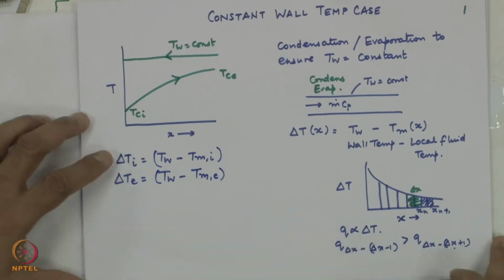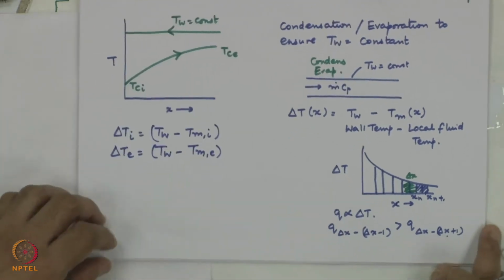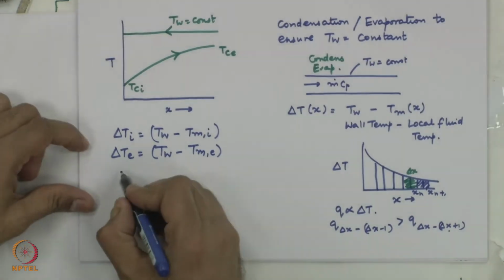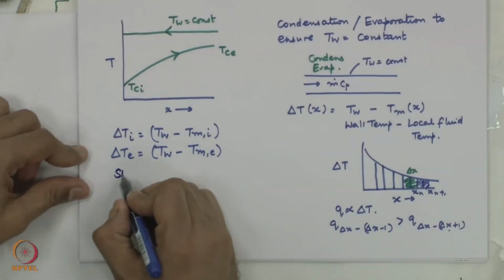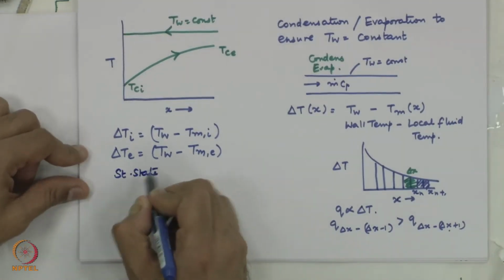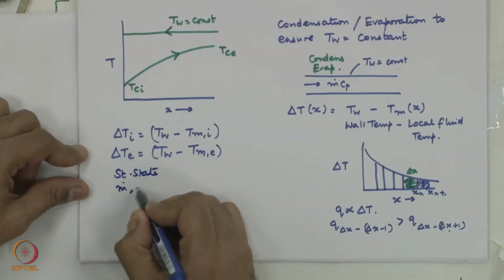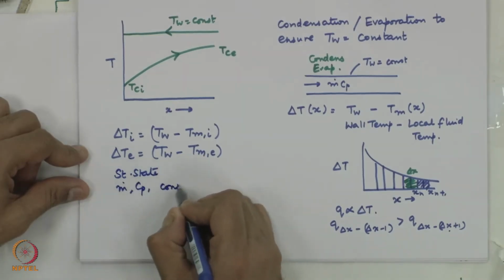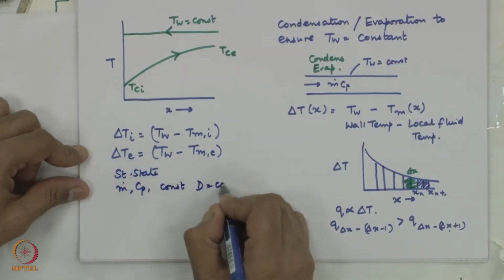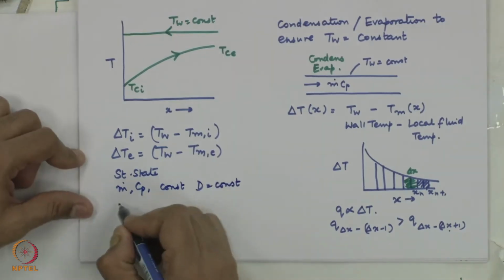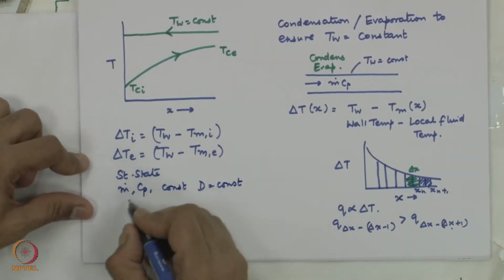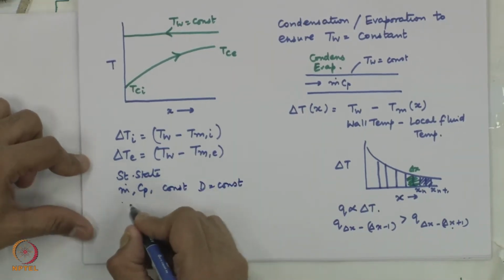And we have the same assumptions for energy balance: steady state, constant m dot, constant properties, fixed diameter, so all heat from the fluid goes into change in temperature, or sensible heating only.